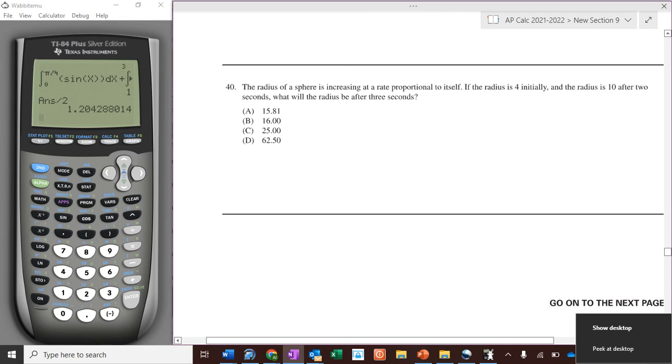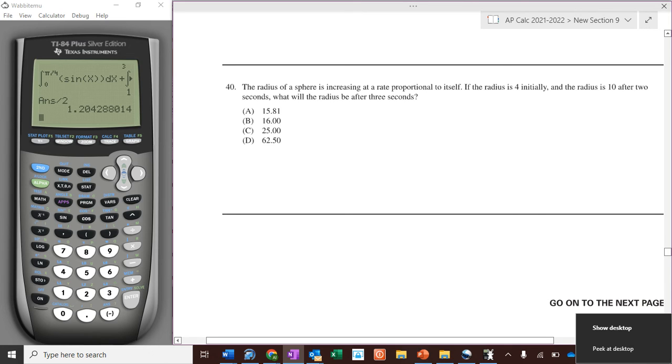All right. And it's not that. If the radius is 4 initially and the radius is 10 after 2 seconds, what will the radius be after 3 seconds?